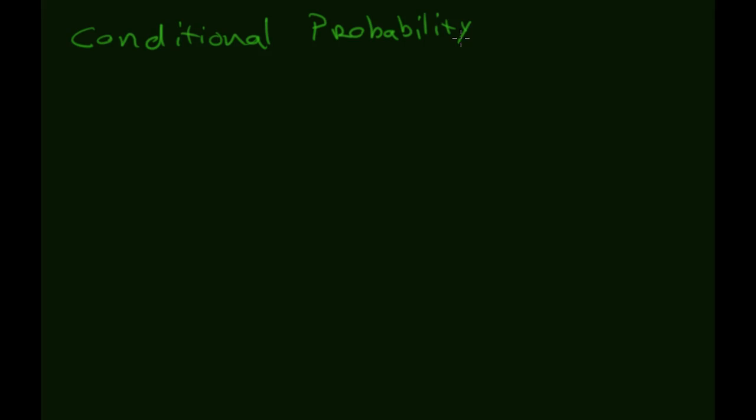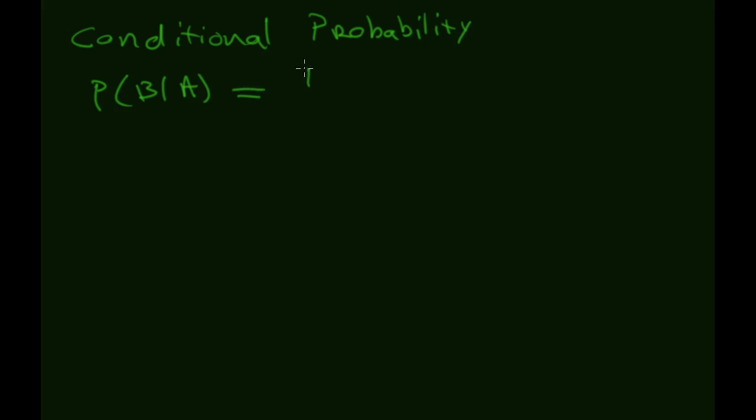A conditional probability is basically the probability of one event occurring given that another event has already occurred. So if I write the probability of B given A, this is the probability that B will occur given that A has already happened. And we get a formula for this.